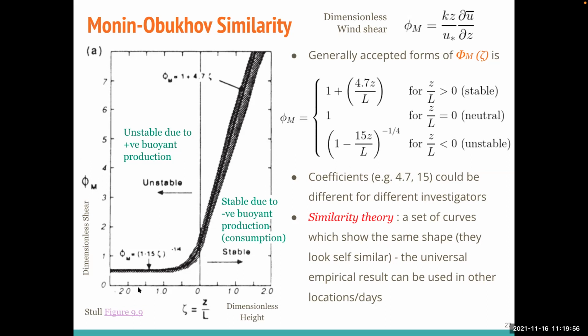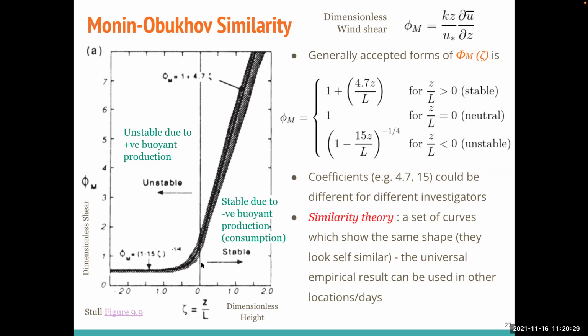If you have an unstable situation, then your shear is larger closer to the surface. This is a larger magnitude. You have values almost close to 1 at the surface, and then very small values above.